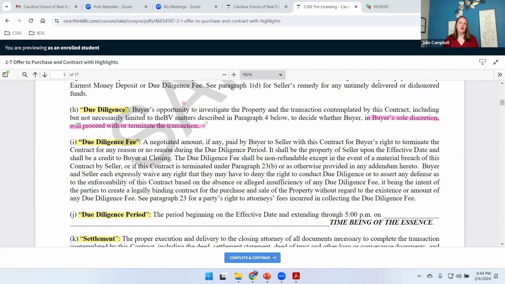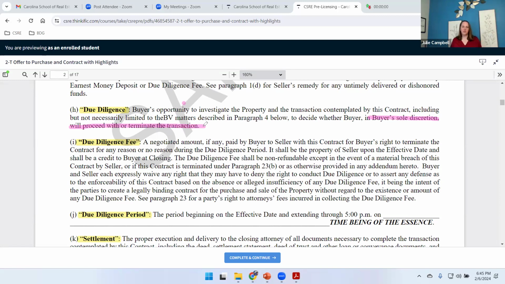This is a direct result of caveat emptor. If we don't have to disclose anything to the buyer, if we don't have to tell them the problems, the only way to be fair is to give them an opportunity to find the problems, to investigate the property, and then decide in their sole discretion if they're going to go ahead and buy it or if they're going to terminate.